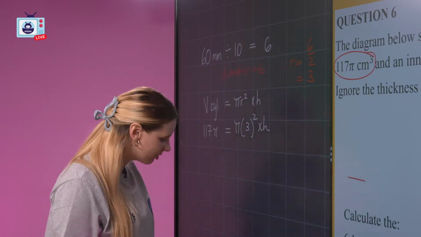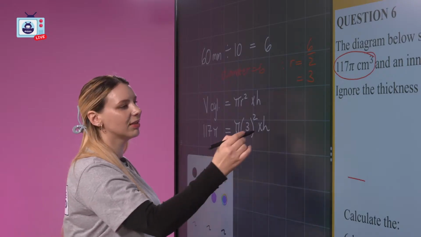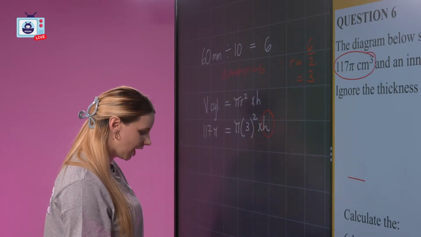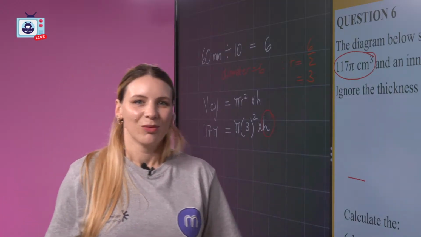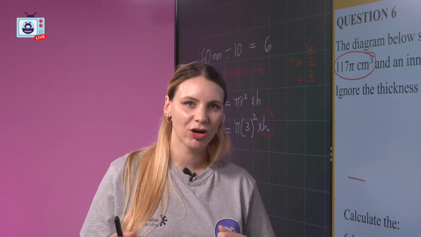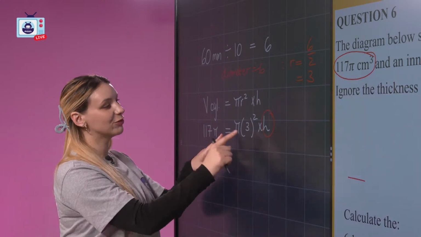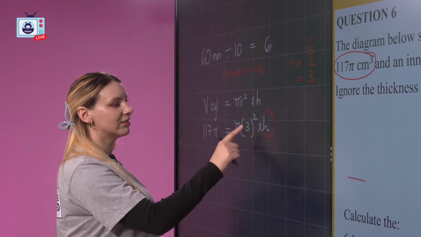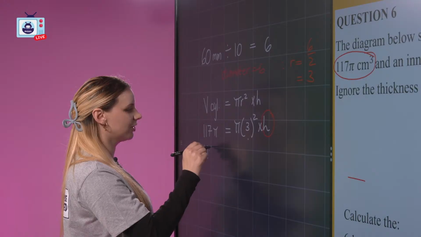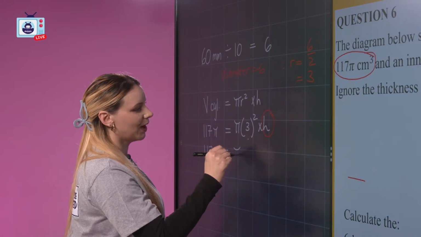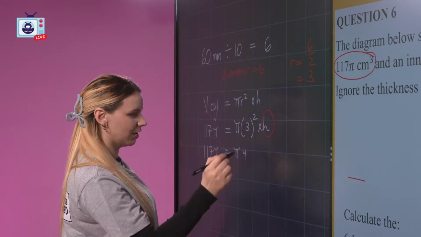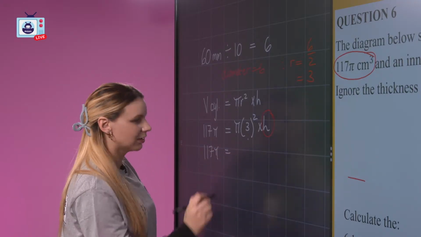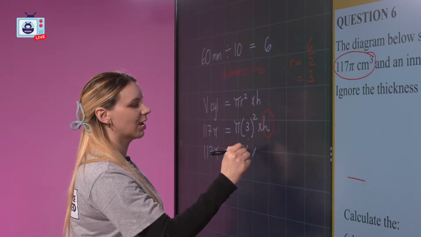The question is asking us, what is the height? And so we are going to find the height by getting the height on its own. We are going to make the height the subject of the formula. Let's just simplify first. So we've got pi, 3 squared is 9. Let's rather write that as 9 pi times my height.